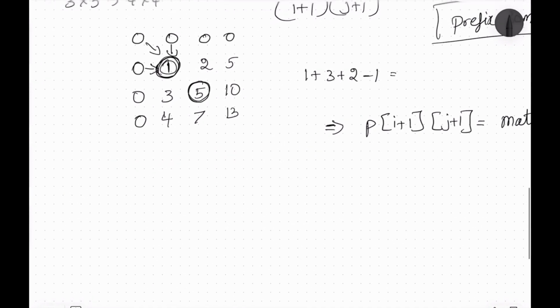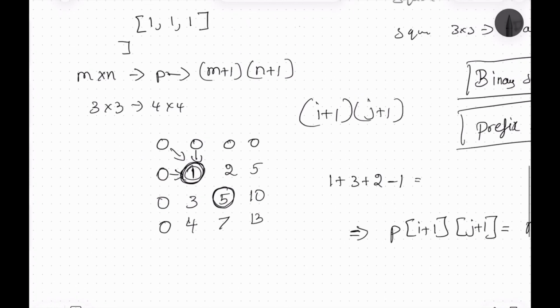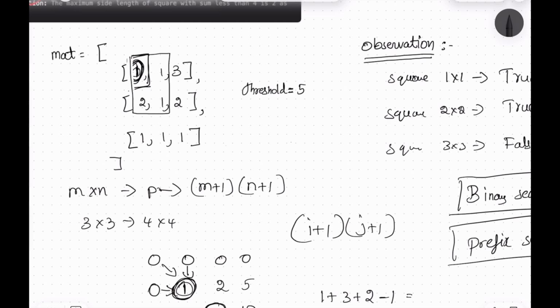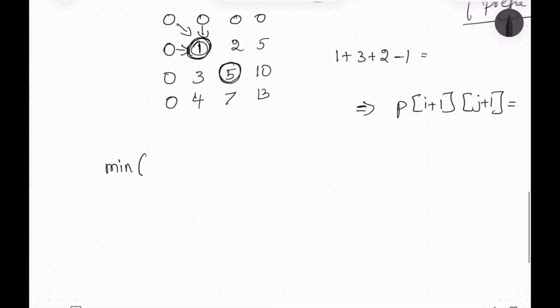And now we have to run the binary search, right? So how we will be running the binary search in the range of length. So based on this example we can say that this is a 3 cross 3, so the minimum of m and n will be the maximum value to form a square, right?